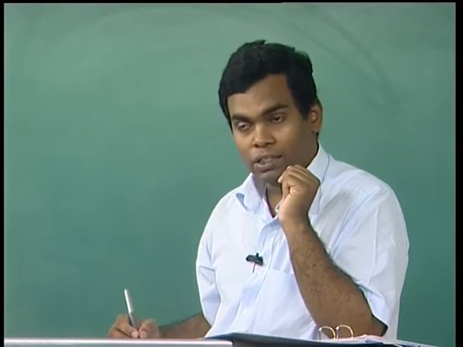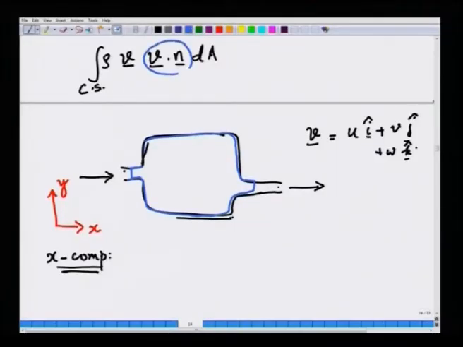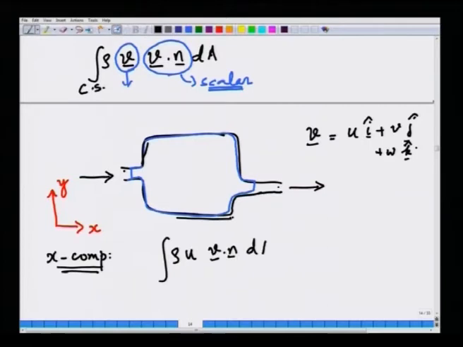Now, if we want to write the x component of this equation, you first understand that this term V dot n is a scalar. So, you cannot make a component out of a scalar. The only vector available to you is V. So, the x component is obtained by just saying it is integral of rho u V dot n dA.